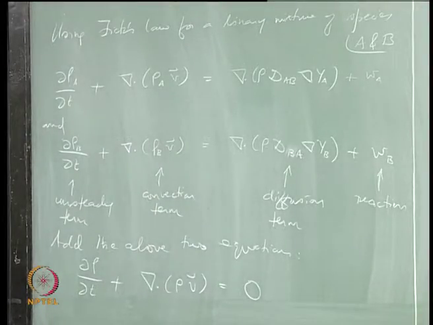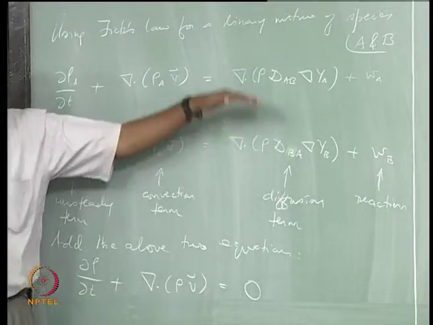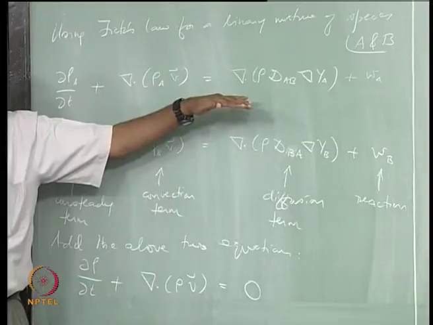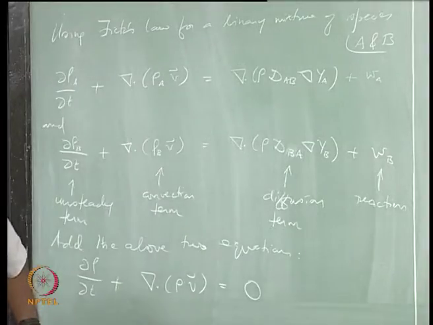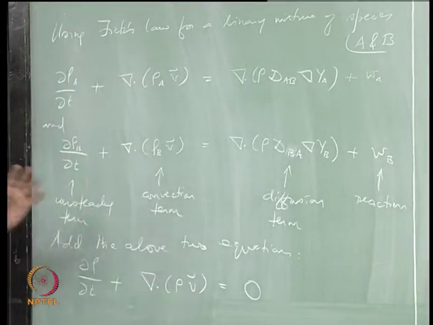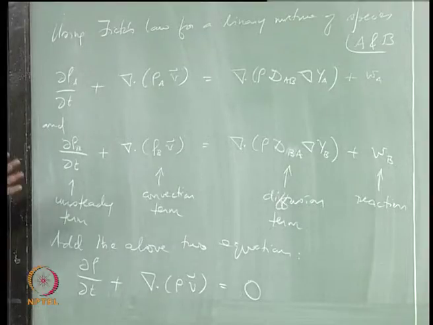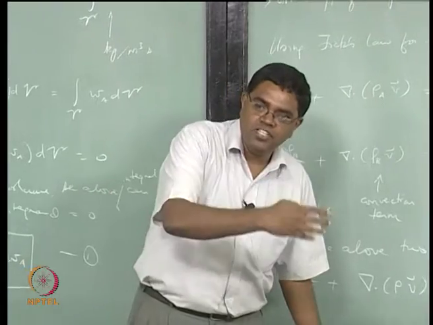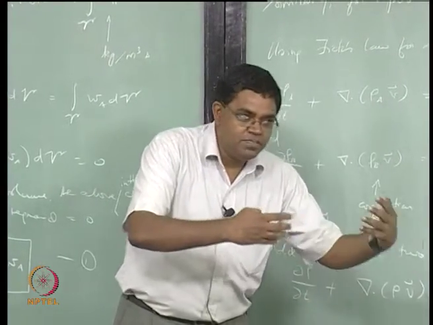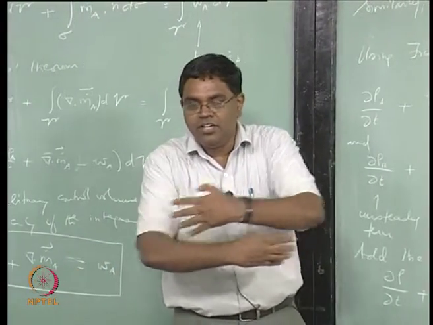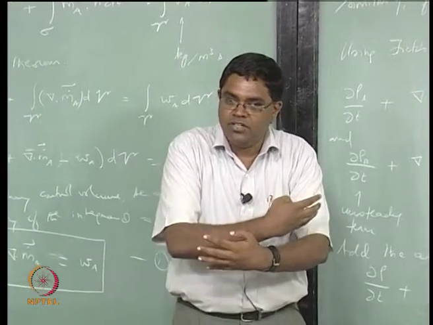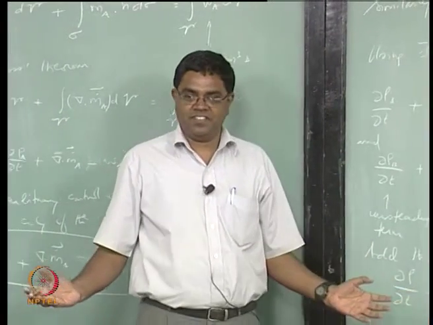What does that mean? Is it because gradient of 1 is equal to 0 that we get this addition? It actually tells us the same thing as what we saw the other day for dab equal to dba. If species A is mixing into species B, then species B is mixing into species A. They are just having fun with each other, nothing else is happening outside of this.